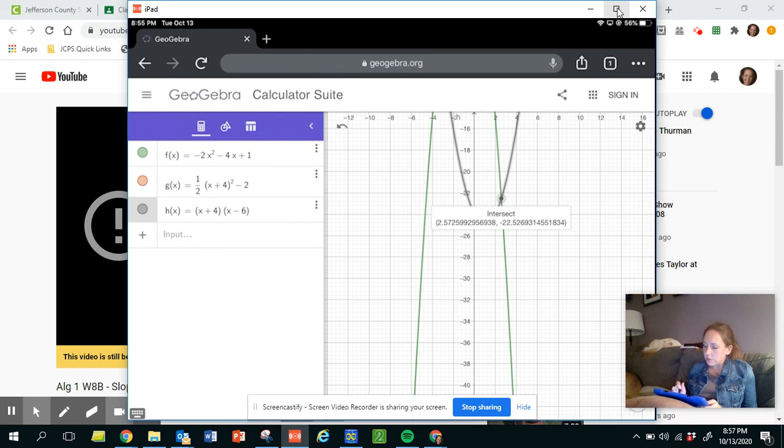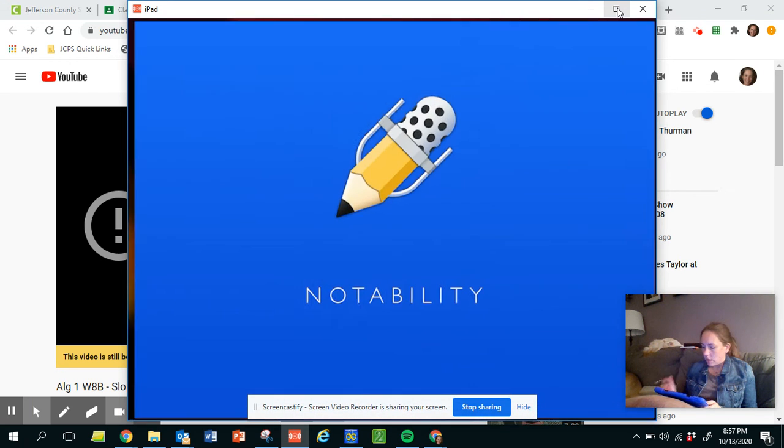It'll tell you intersection points, it'll tell you intercepts, and it'll tell you extremum, either maximum or minimum. Think of it like an extreme point. Anyway, so the vertex is the point 1, -25, and even though you might not be able to see the line, because the vertex is at 1, -25, I know the axis of symmetry is x equals 1.